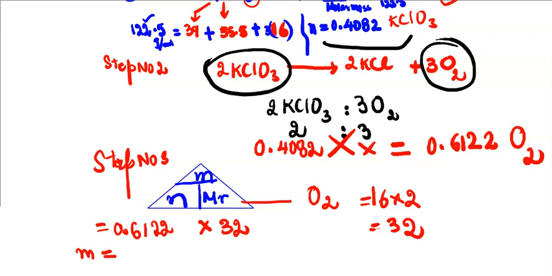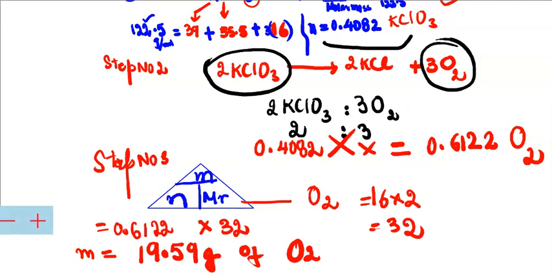And what is the answer? Just see. It's 19.59 grams. 19.59 grams of oxygen, right? So what is the question?